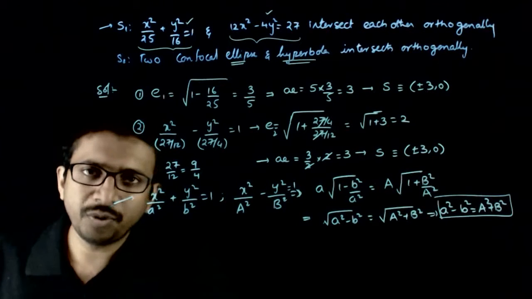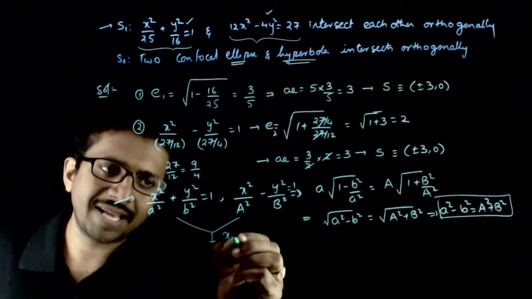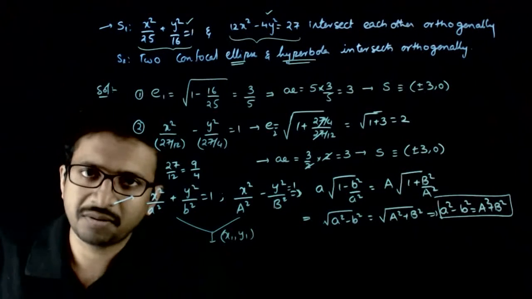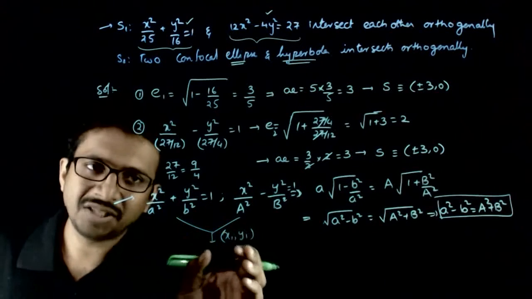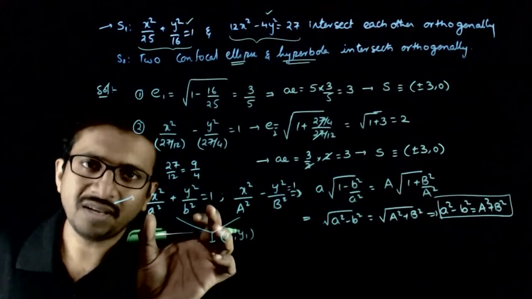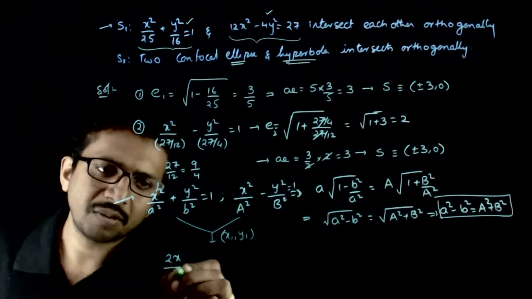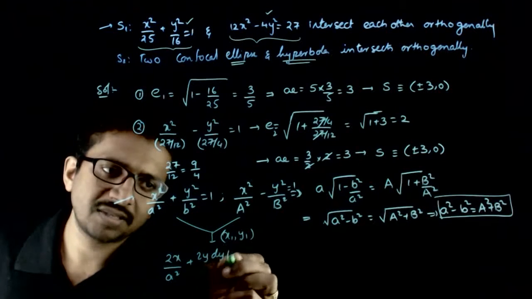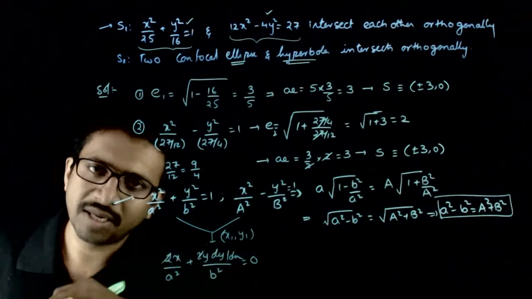To prove that, let us assume that the point of intersection of these two is x1 comma y1. Now what is the slope of the tangent at the point x1 y1 with respect to this ellipse? If you differentiate this, you get 2x by a square plus 2y dy by dx by b square is equal to 0. So this 2 gets cancelled.